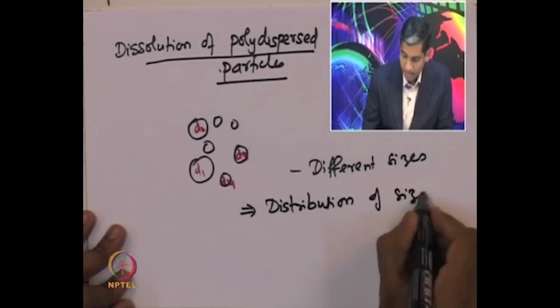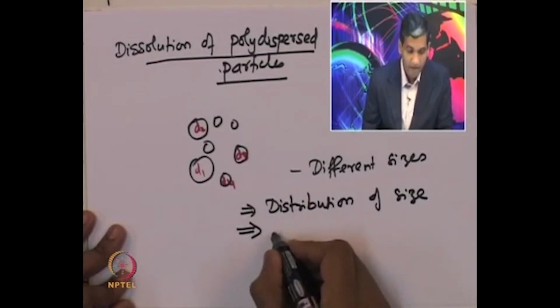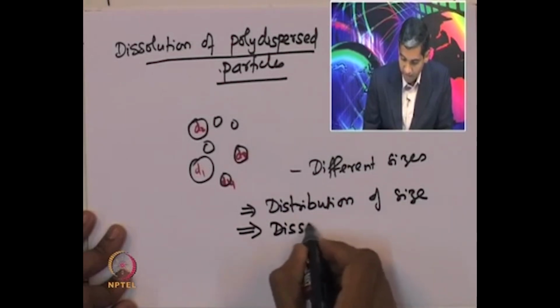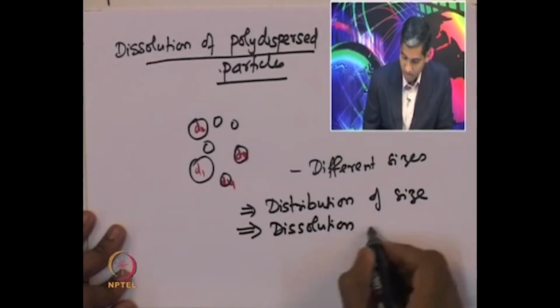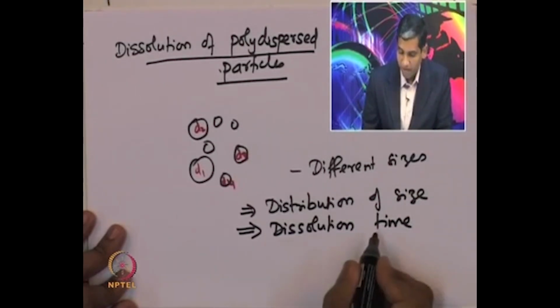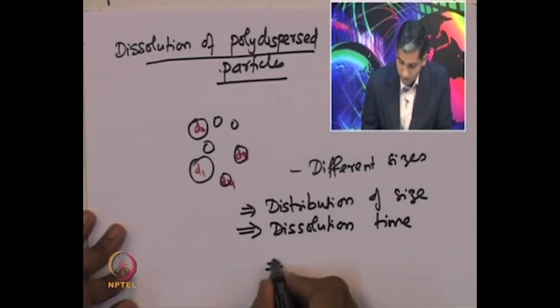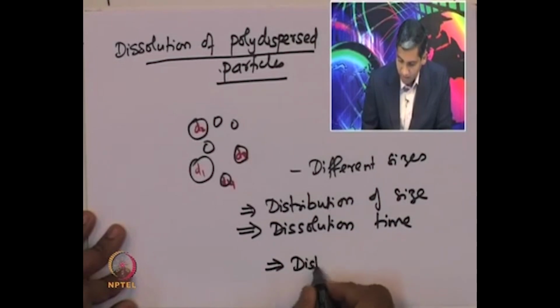There is a size distribution, and the question is to find out what is the dissolution time. The objective is to find the dissolution time, and in order to find the dissolution time for particles which are placed in a certain distribution, one needs to follow the distribution dynamics.